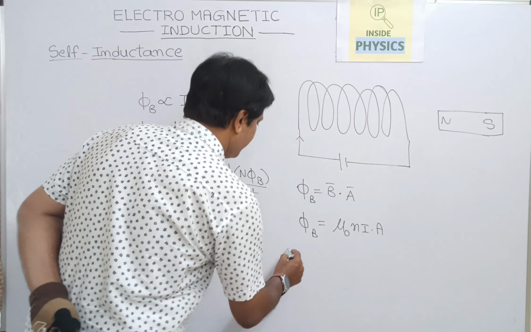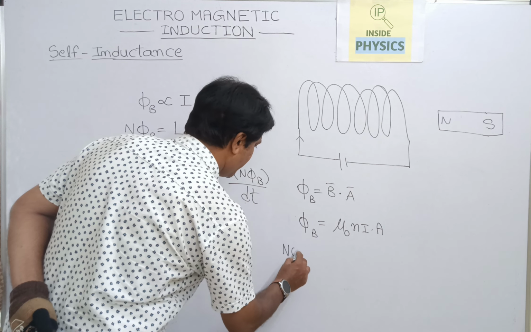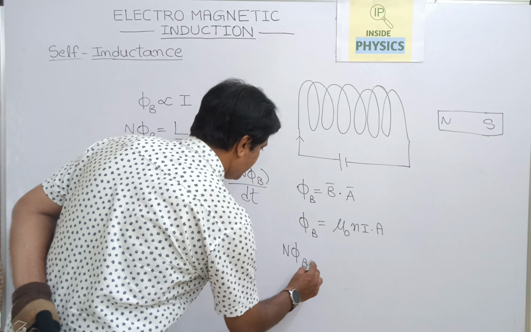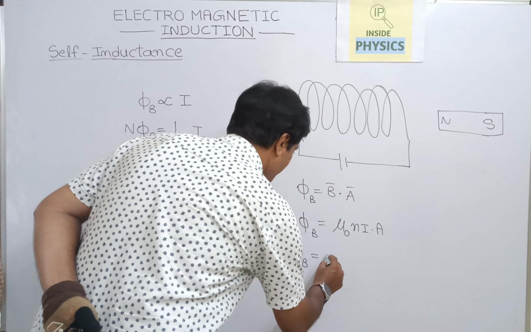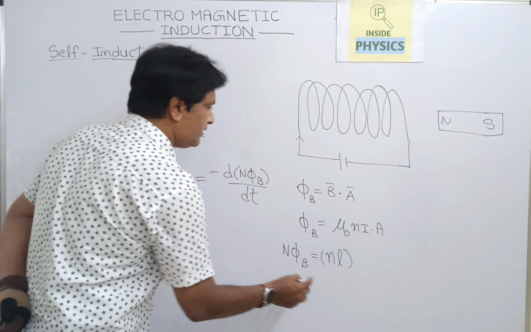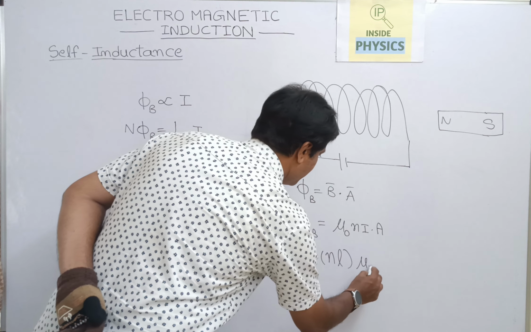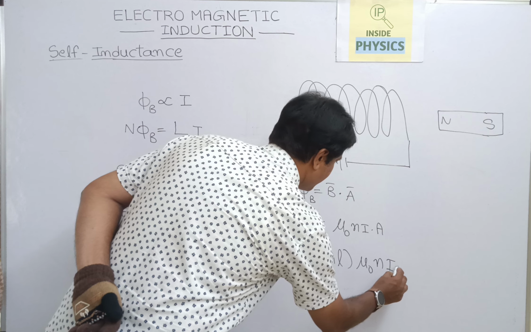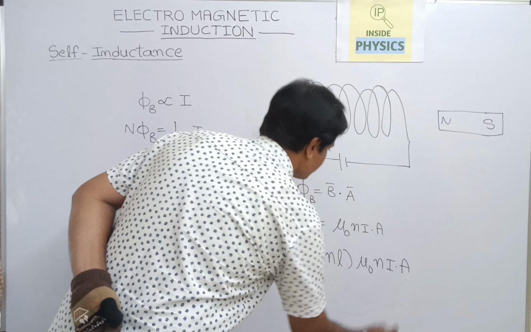Now if you multiply with the total number of turns, N is equal to n into L, we can write in place of capital N, and mu naught n I A.